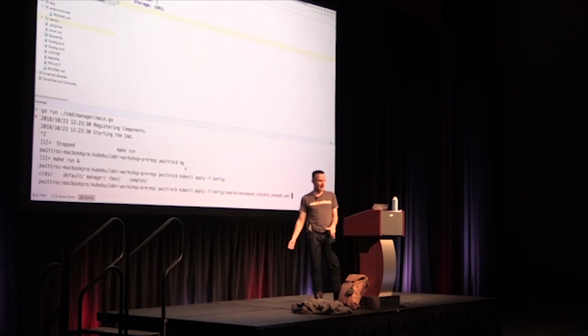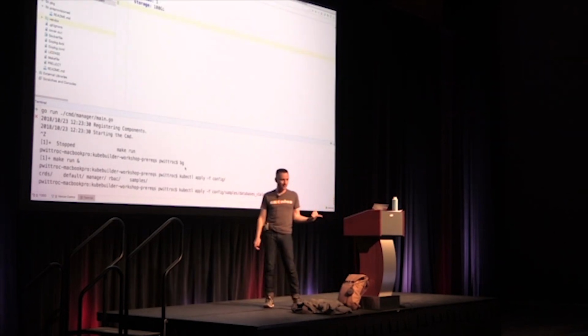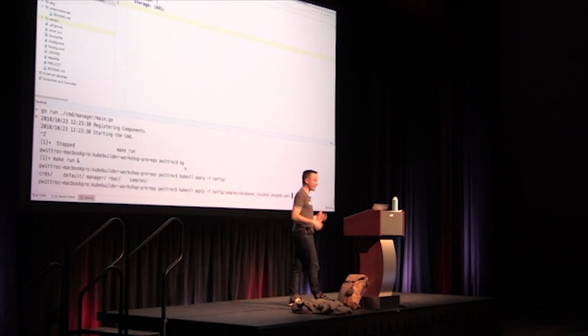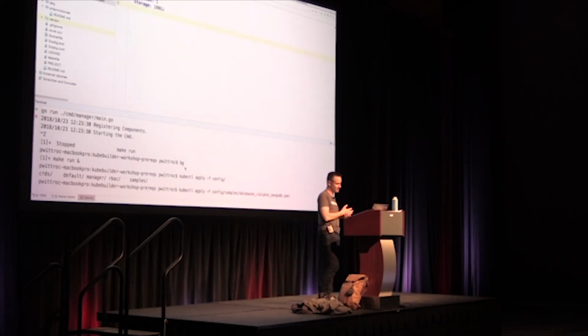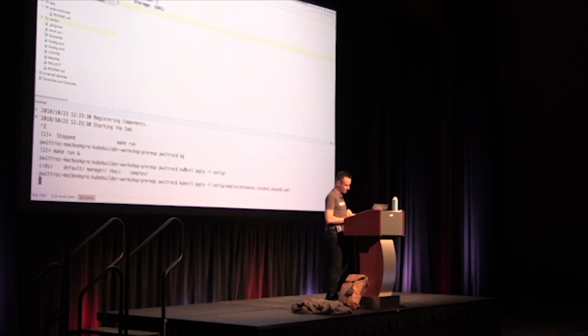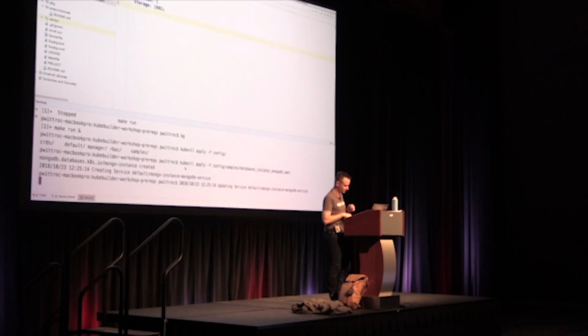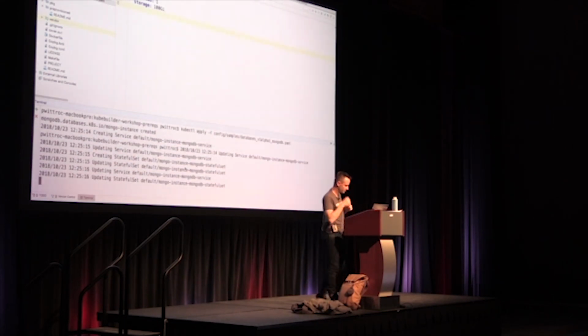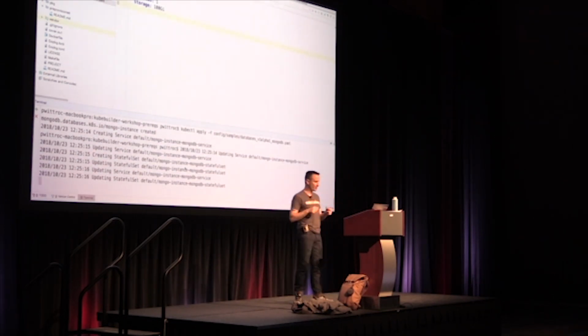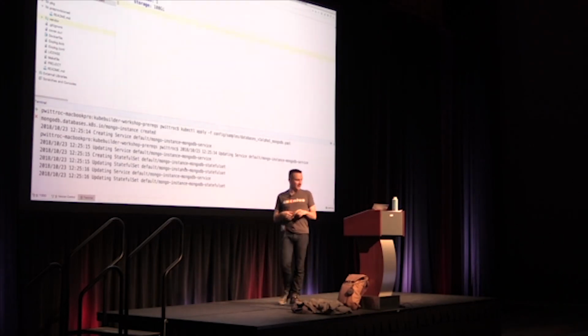Okay, and what I expect to happen, because the controller is running in the background, is it's going to spit out something saying, hey, I'm going and creating these things. So there you go. And it actually says it's updating these things too.